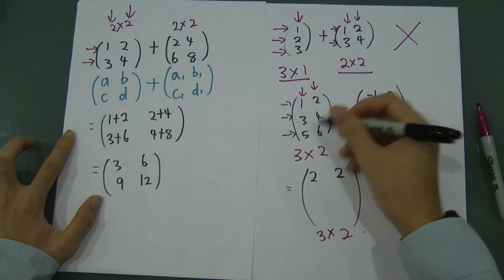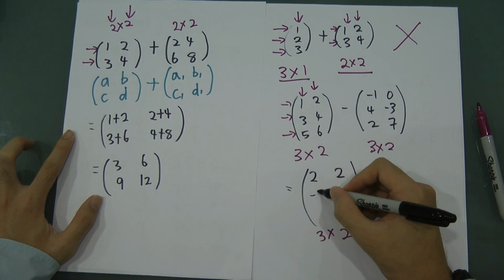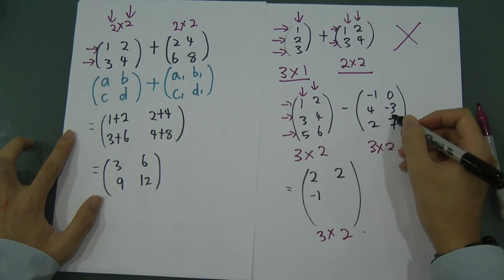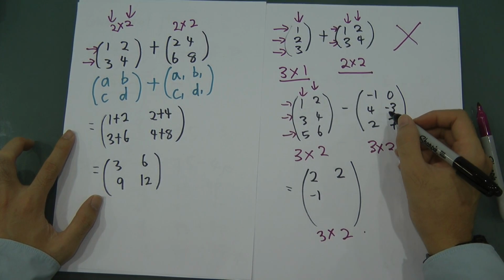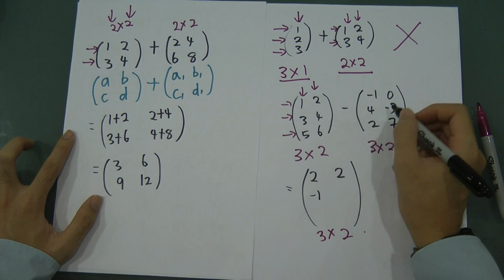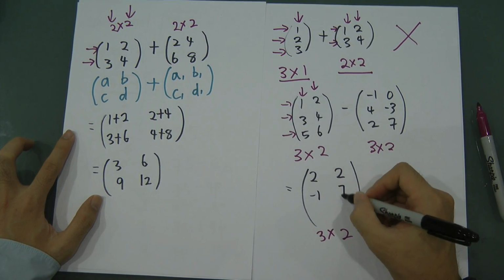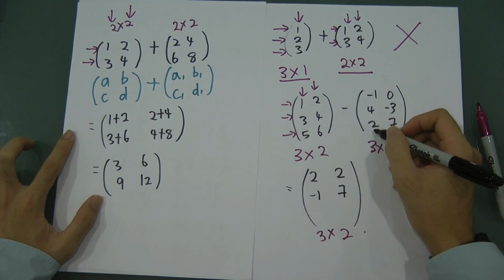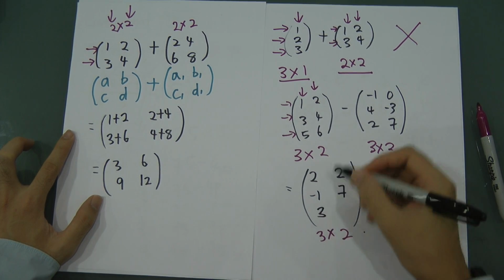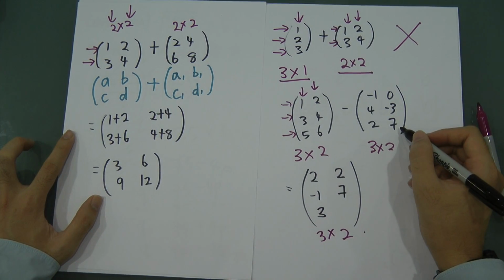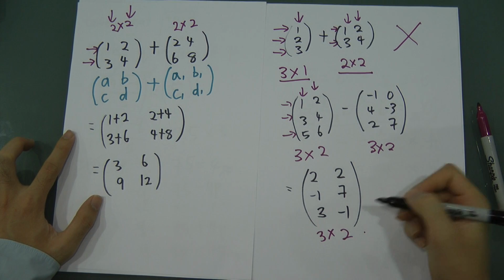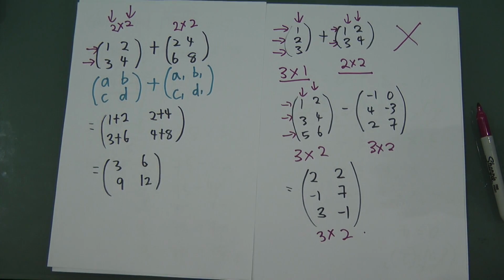Then 3 minus 4, I got negative 1. 4 minus negative 3 means 4 plus 3, because minus negative becomes positive, I got 7. 5 minus 2, I got 3. 6 minus 7, I got negative 1. So this is my answer.